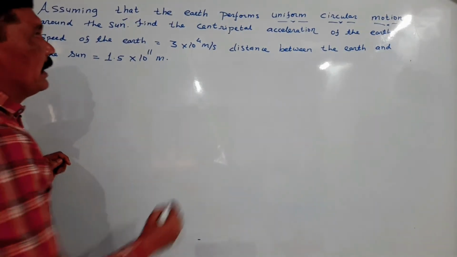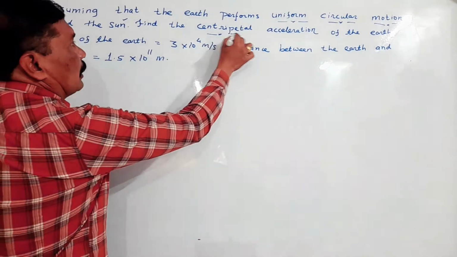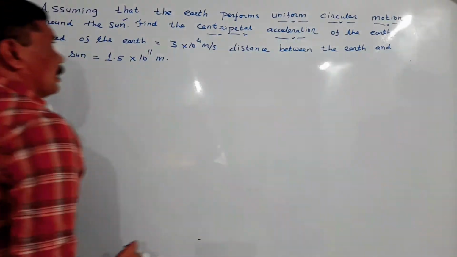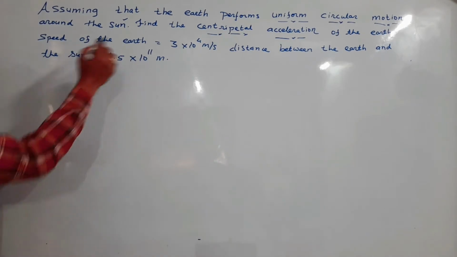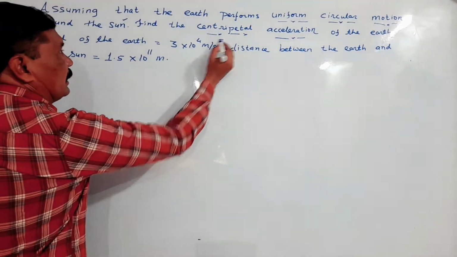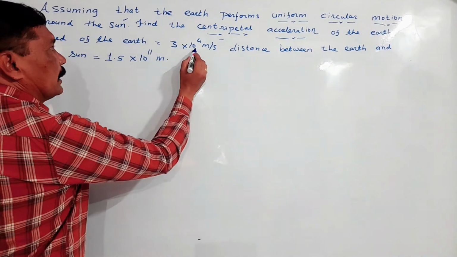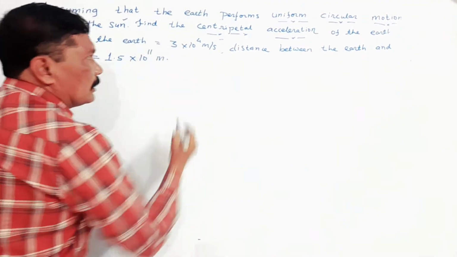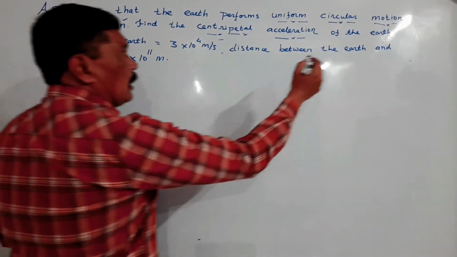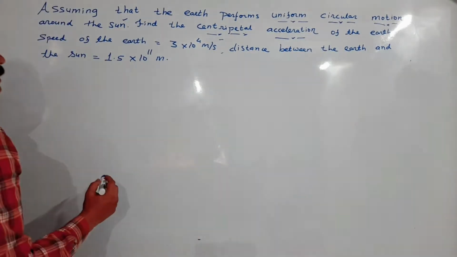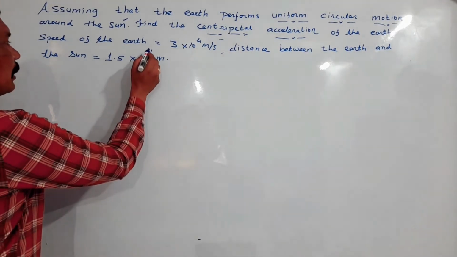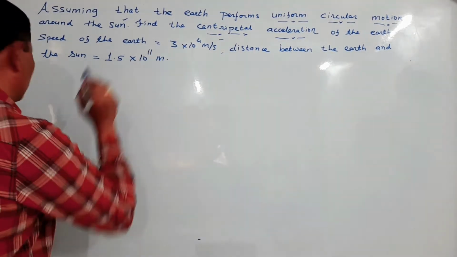We have to find the centripetal acceleration of the earth. The speed of the earth is given, and that is 3 into 10 to the power 4 meter per second. Distance between the earth and the sun is given, that is 1.5 into 10 to the power 11 meter.